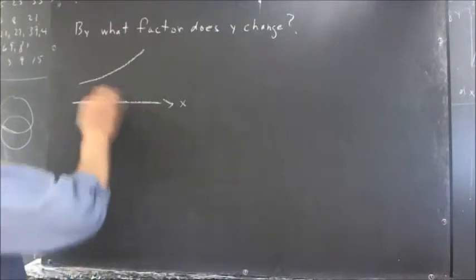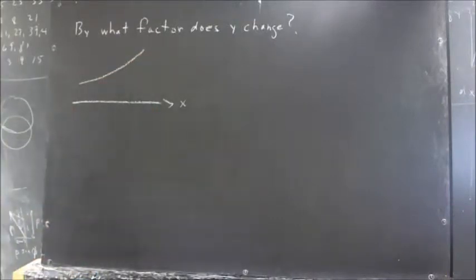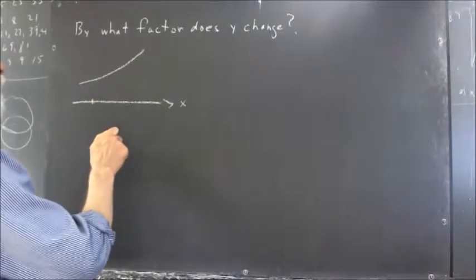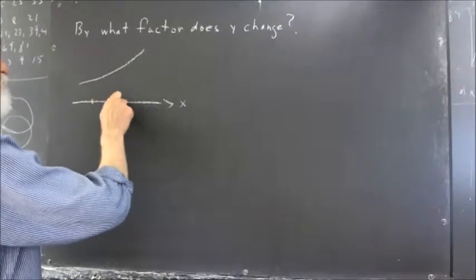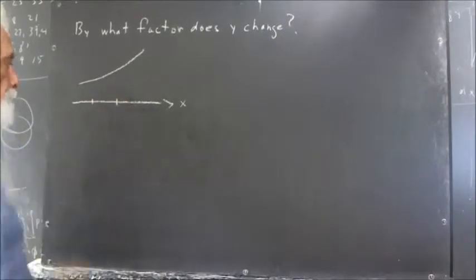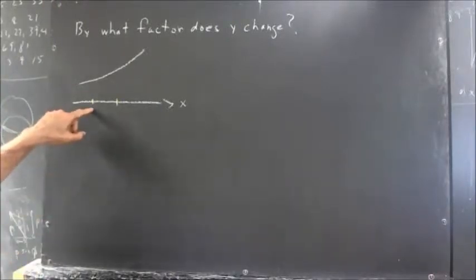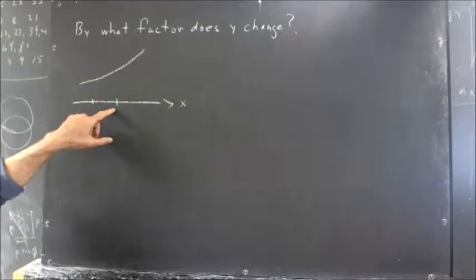So anyhow, here's the x-axis, here's a curve, and I'm going to locate two points on the x-axis. I'm going to locate a point here, and a point here. Okay, so now how big is the y value at this point? And how big is the y value at this point?